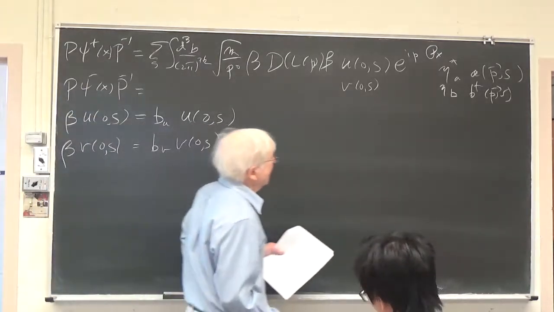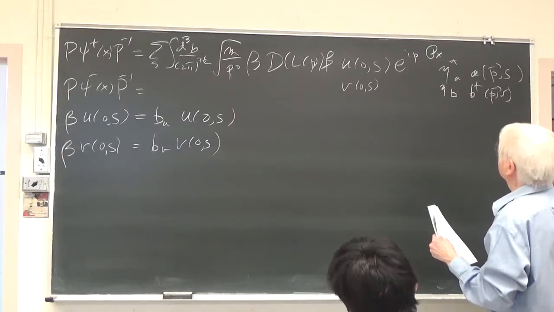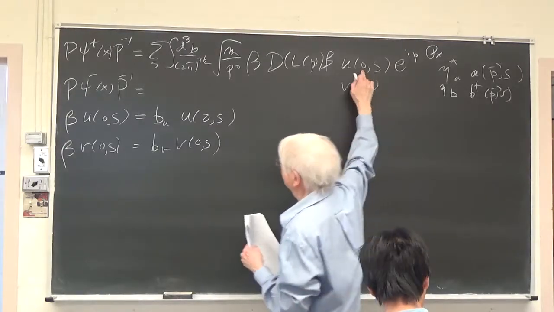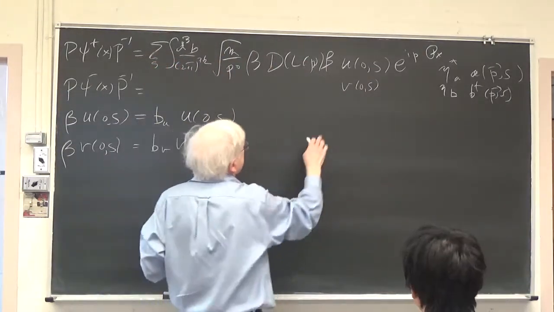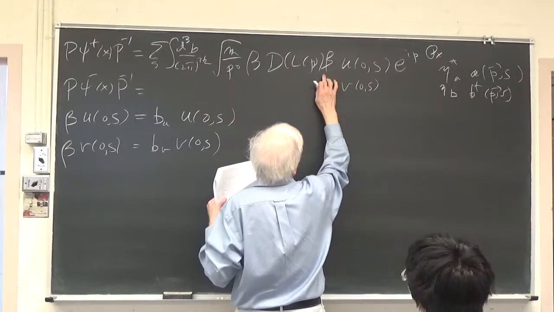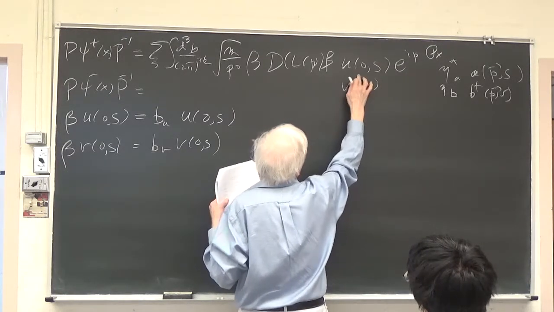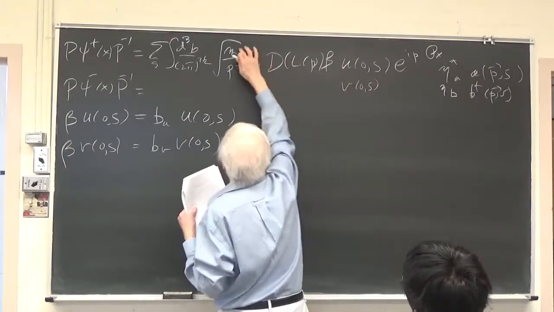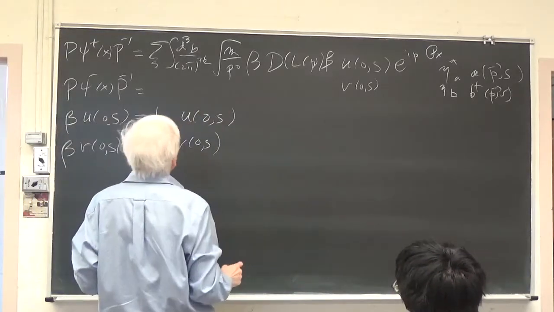And if we do that, then we get a B sub U out in front, a B sub V out in front. This becomes just U of 0 and S, D turns it into U of P and S when the square root goes away, and we have all together a beta out in front.